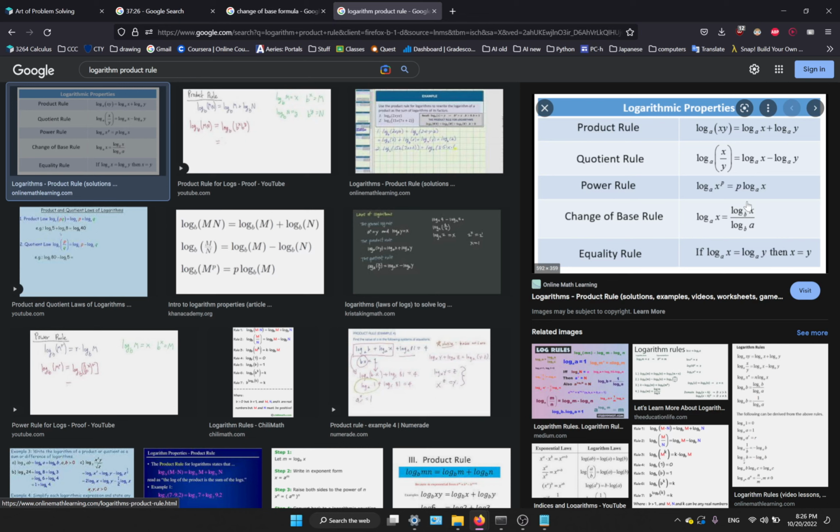Plus log x squared over log 3 log 4, plus log x squared over log 2 log 4. But since these don't have common denominators, what do we do? How do you get these to have common denominators? First of all, what should the common denominator be?